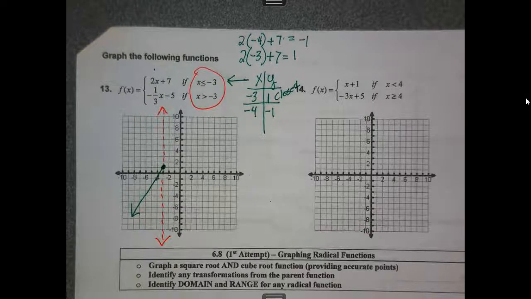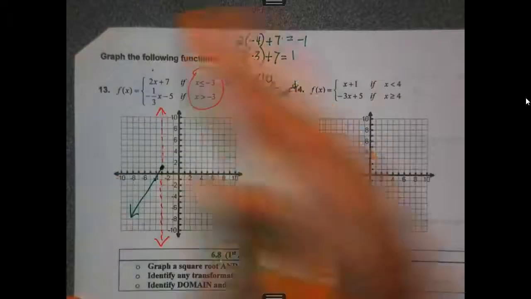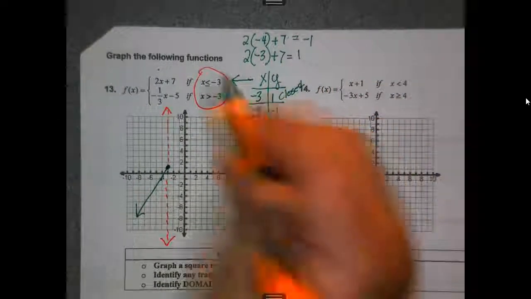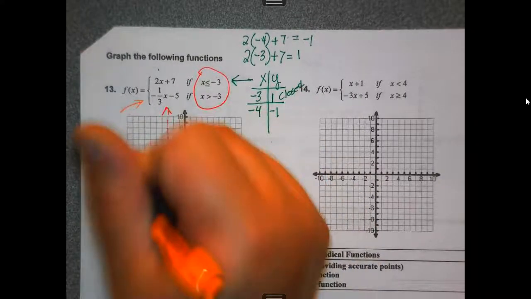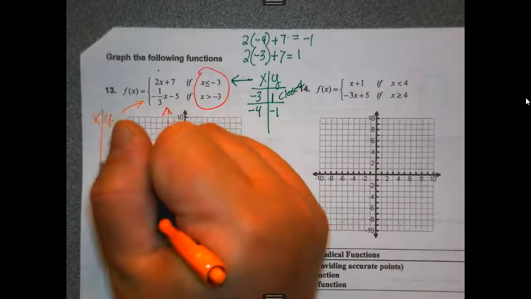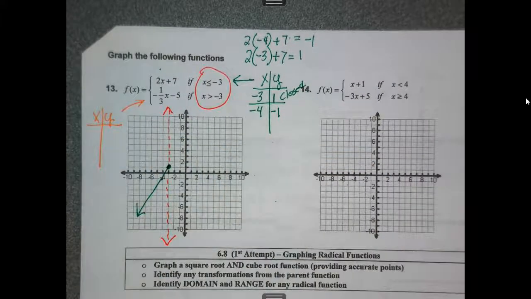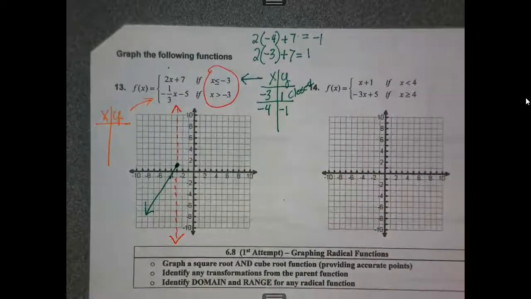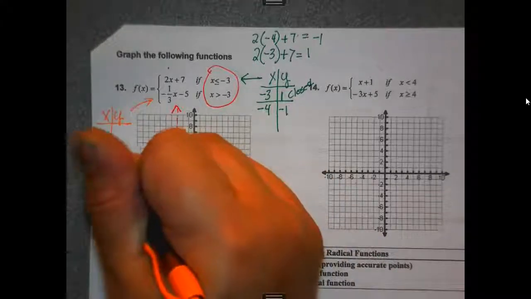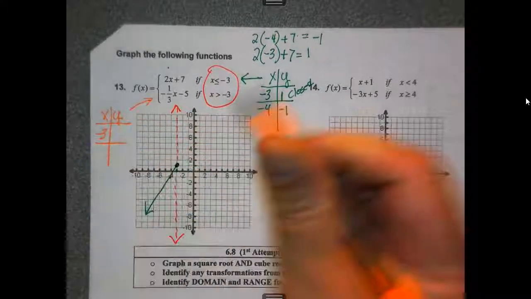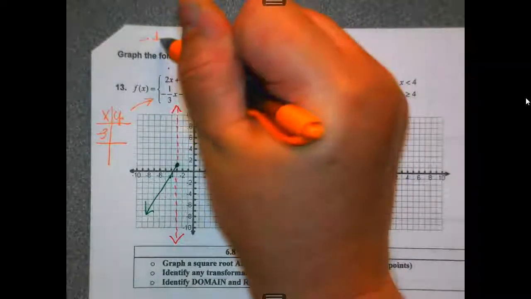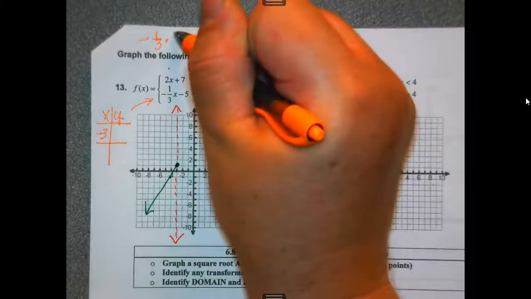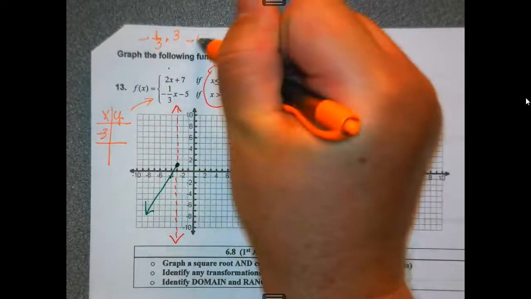I'll try and see if orange comes up because my purple pen is still missing. So I have to graph or make a chart for this one. Which number do I have to choose for x? Negative 3. Plug in negative 3. Let's see. Negative 1/3 times 3 minus 5.